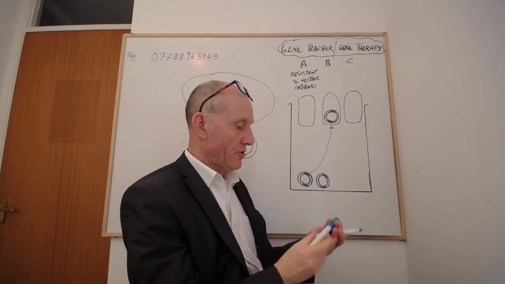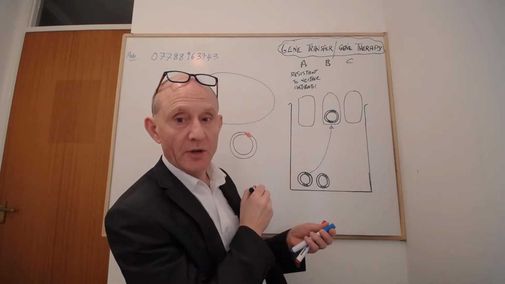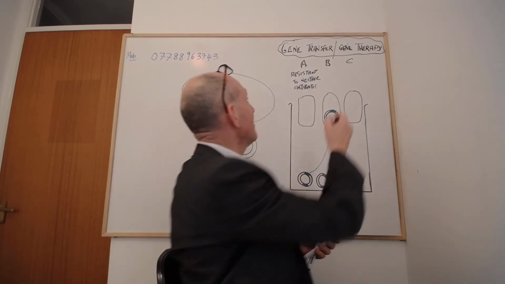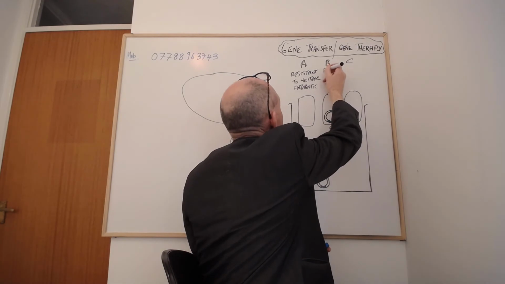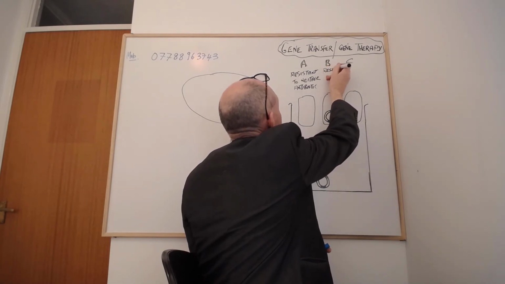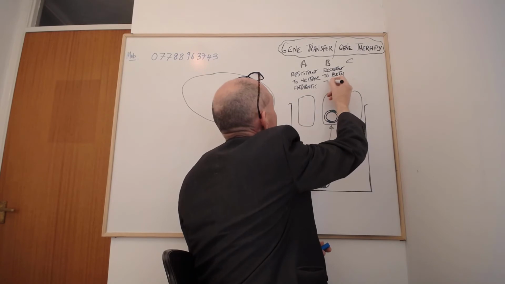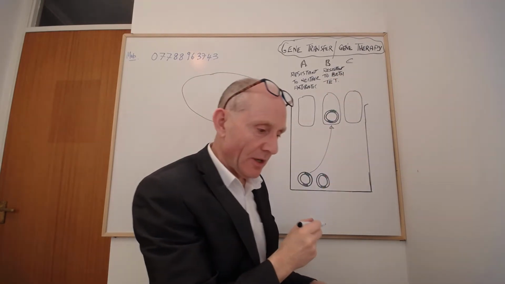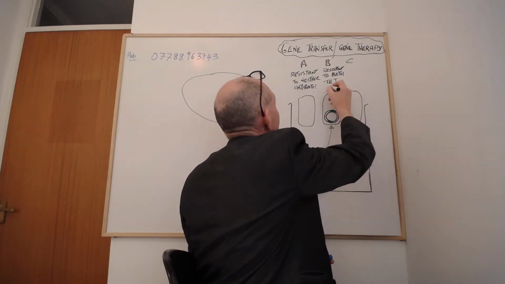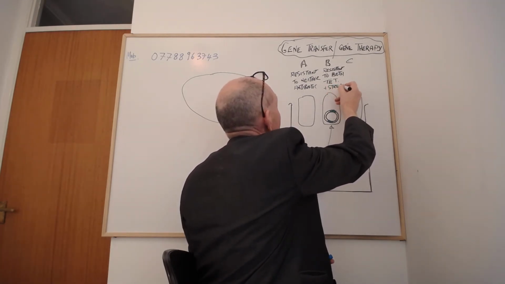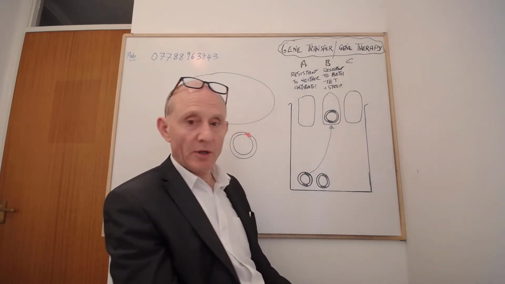So if we see what it's resistant to, it's resistant to both antibiotics. What are these antibiotics called again? TET, short for tetracycline, and strep. So it's resistant to both antibiotics.